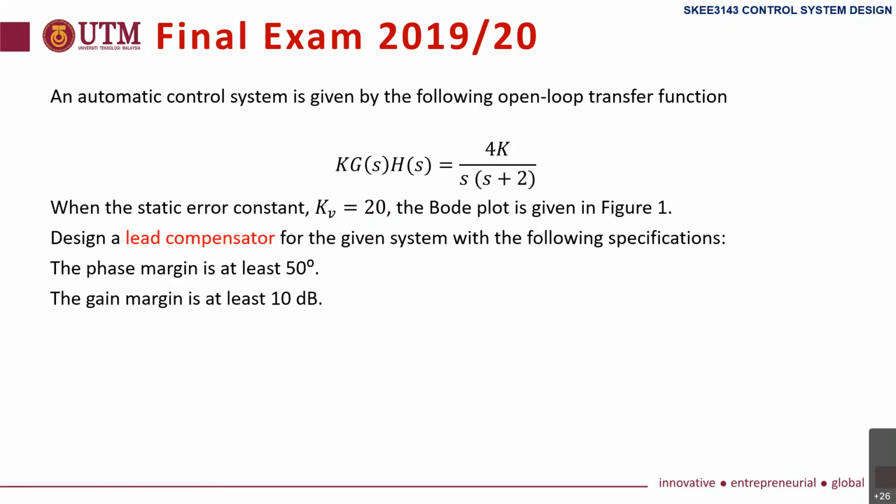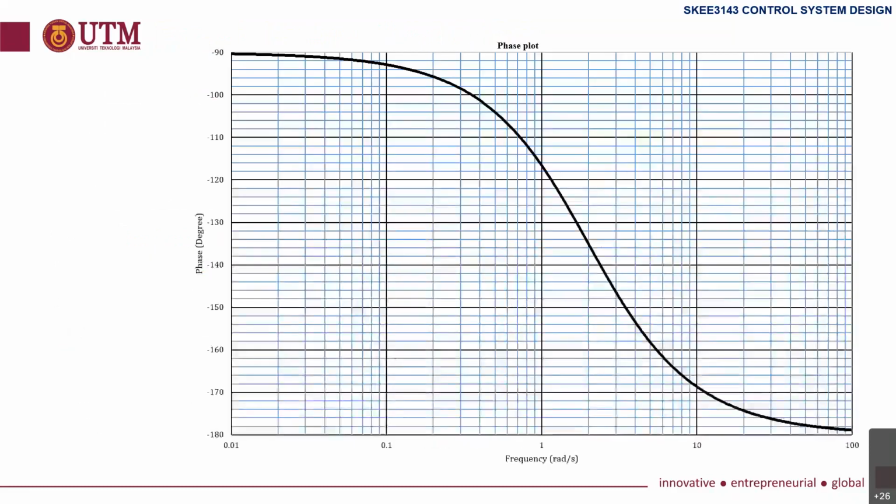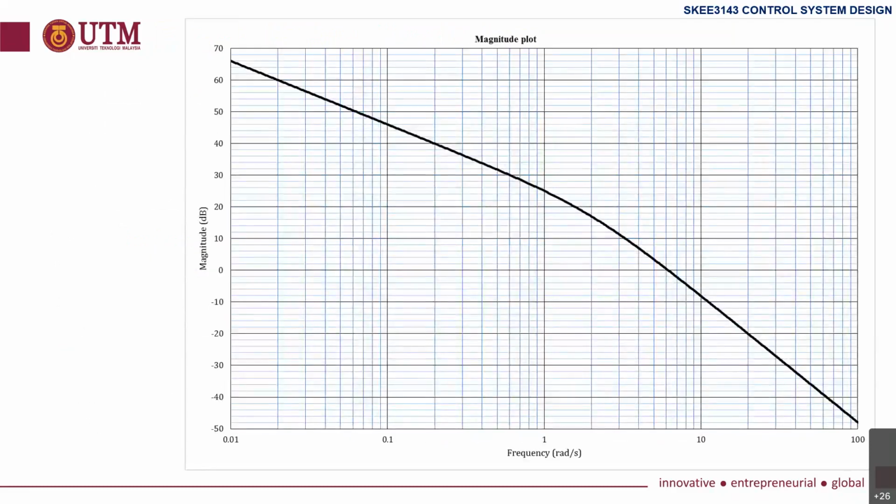We can also confirm Kv equal to 20 by looking into the magnitude. We know that if we make a straight line until it crosses 0 dB, it will touch 20. 20 is here.